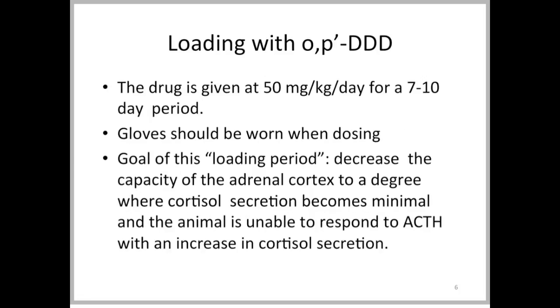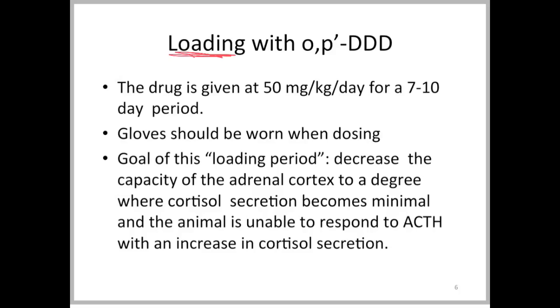So let's talk about how we start with o,p'-DDD, and we're going to talk first about the loading dose. For a period of 7 to 10 days, sometimes extended to maybe 14 or even 21 days when you want to avoid that hypoglycemic effect, and sometimes at lower dosages, you start loading the animal, giving it every day during this period of time.